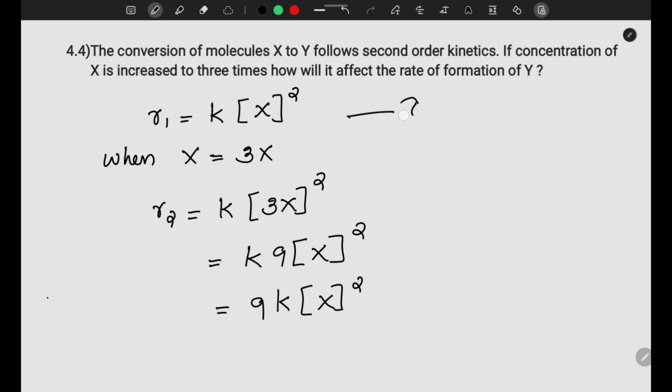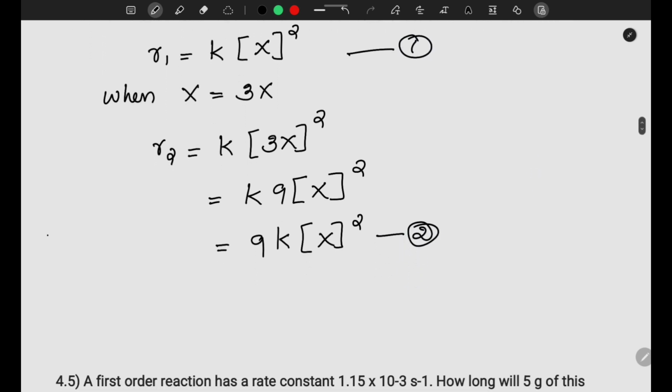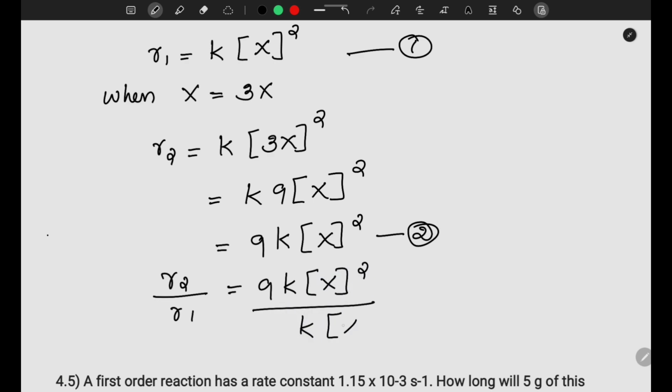Now we can compare the initial rate and final rate. R2 by R1 is equal to 9K[X] square divided by K[X] square, that is R2 by R1 is equal to 9, or R2 is equal to 9 R1. Now the rate becomes 9 times the initial rate.